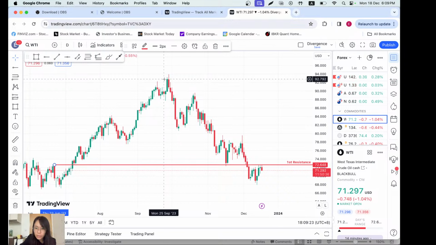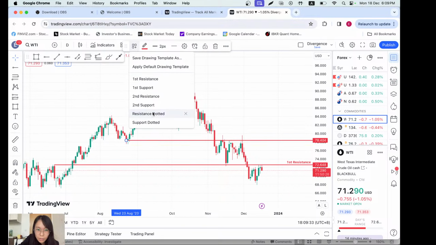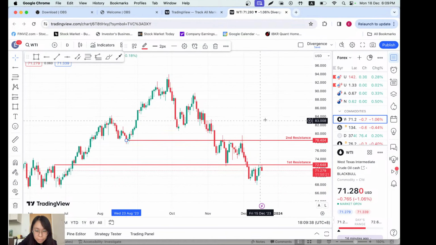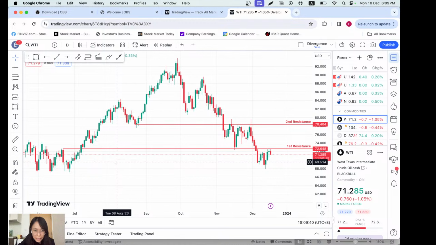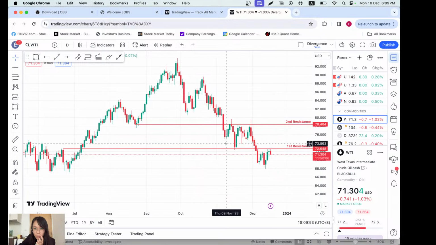This will be my first resistance, and my second resistance over here. Both are actually overlap resistance lines. You can see price come down and break through the resistance. The same here: the price pulls back, bounces off, pulls back again, and over here it has reached some resistance.